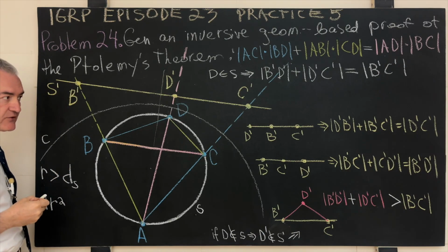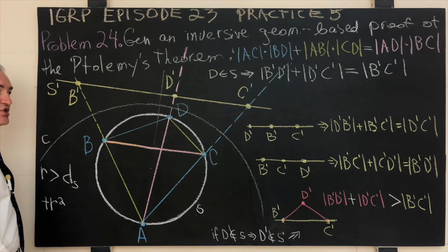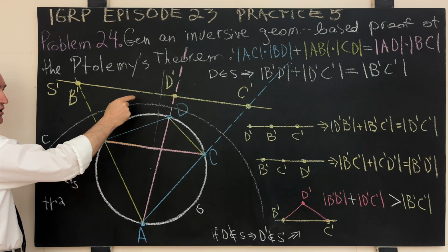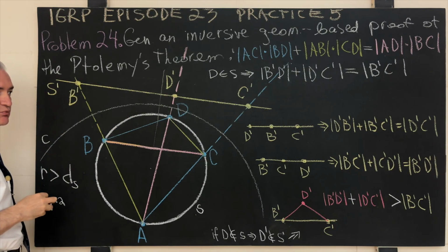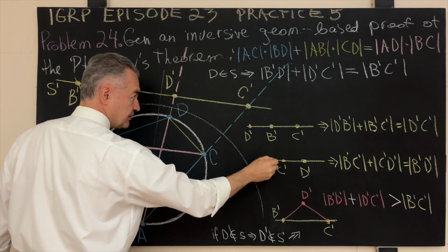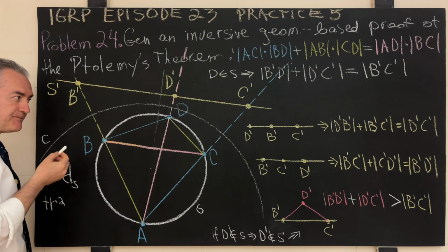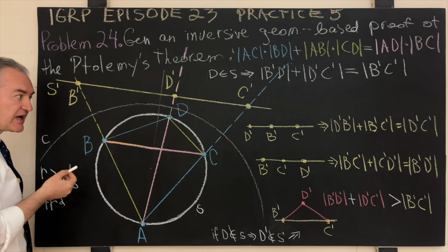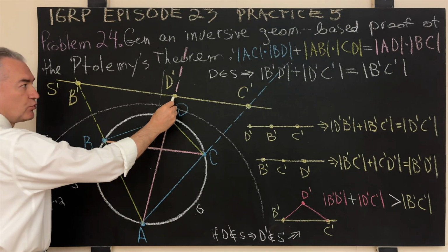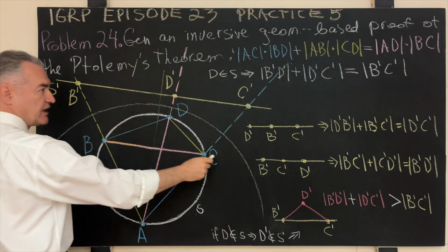And here we have only 3 choices for the mutual juxtaposition of the point D prime on the straight line S prime with respect to the points B prime and C prime. These three choices are shown here, here, and here. In the first case, evidently, this is where we realize our tactical gain, our tactical win. The point D prime is located in between the points B prime and C prime.